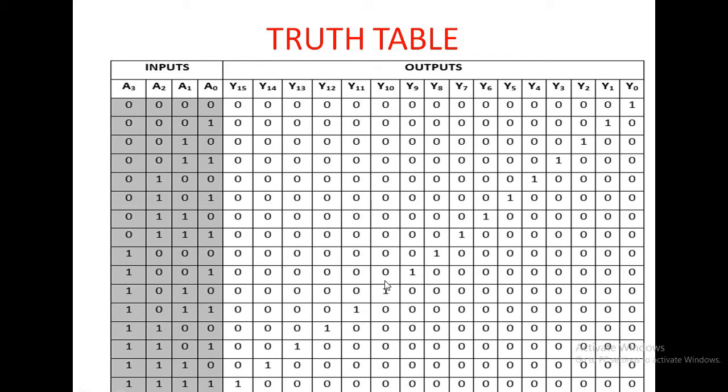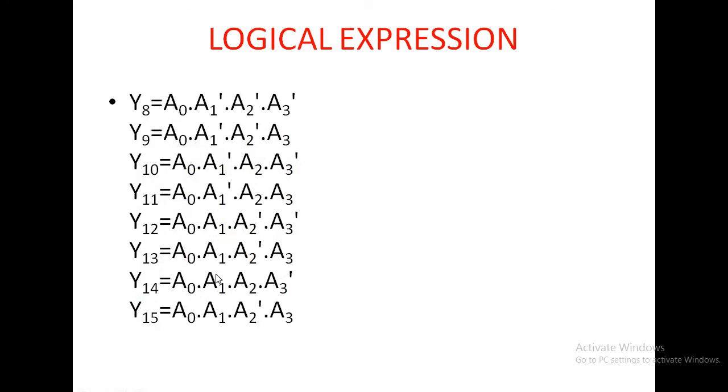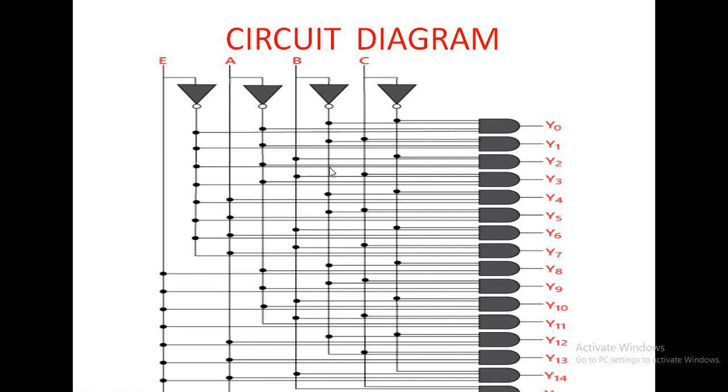And these are my output lines. Okay, first Y0 is selected, then Y1, Y2, Y3, Y4, Y5, Y6 like this. Okay, so from this truth table, I will derive the logical expression and the circuit diagram. Okay, so this is all about the decoder.